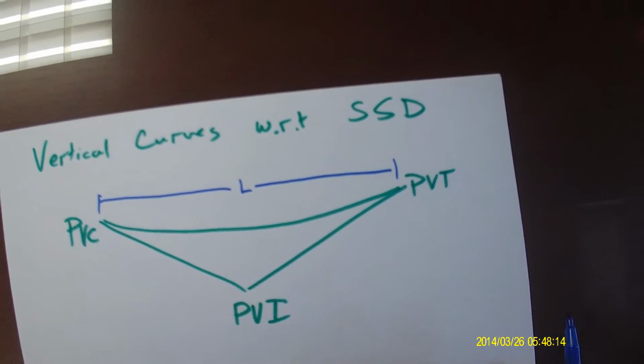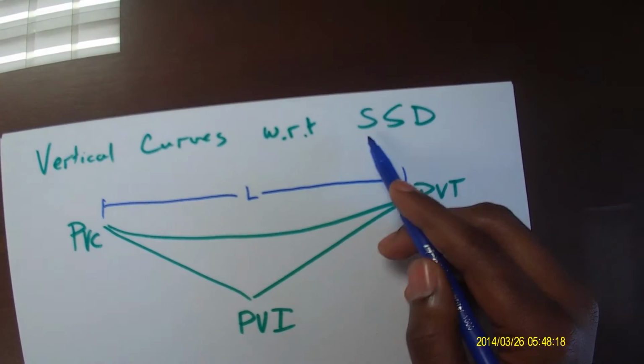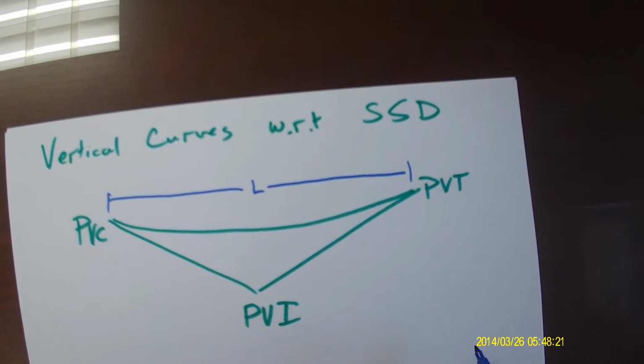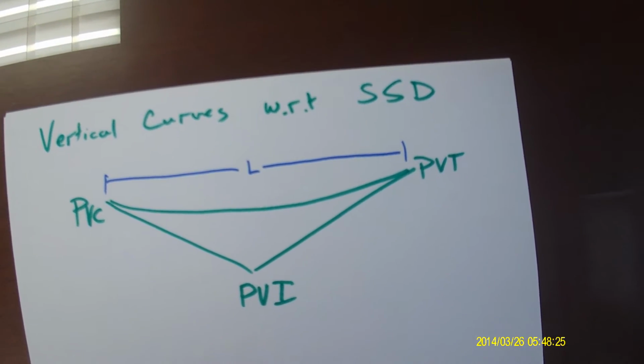And so what we're going to be doing now is determining the length, or the minimum length, that is required for a certain speed. Therefore, a certain stopping sight distance. Well, why?